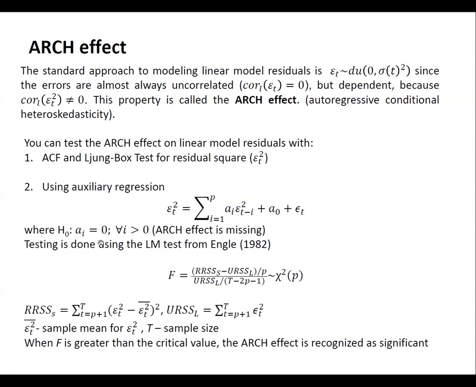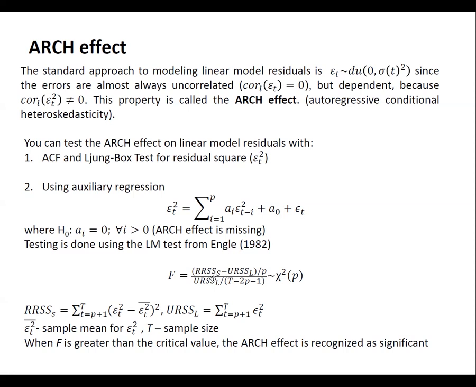Testing this hypothesis can be done using the Lagrange multiplier test, the LM test. Here is how the statistic is calculated in this test. It has a chi-squared distribution with the number of degrees of freedom equal to p, the order of the ARCH model.